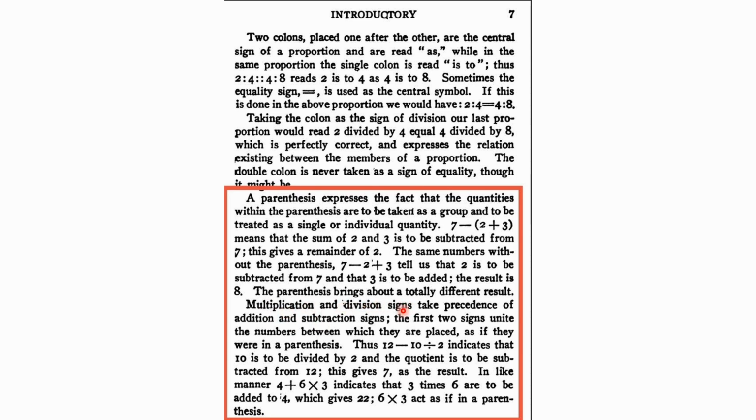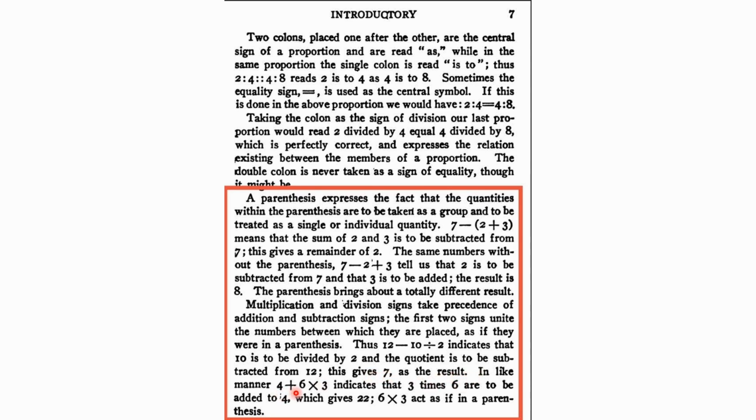Multiplication and division signs take precedence of addition and subtraction signs. The first two signs unite the numbers between which they are placed as if they were in parentheses. Get that? As if they were. They don't have to be because multiplication and division already take precedence. Thus, 12 minus 10 divided by 2 indicates that 10 is to be divided by 2 and the quotient is to be subtracted from 12, which gives you 7 as the result.